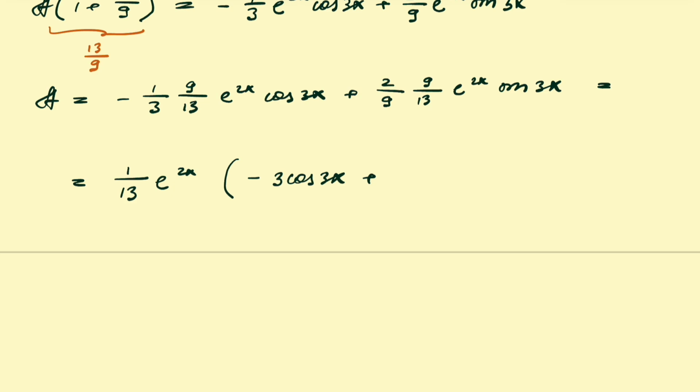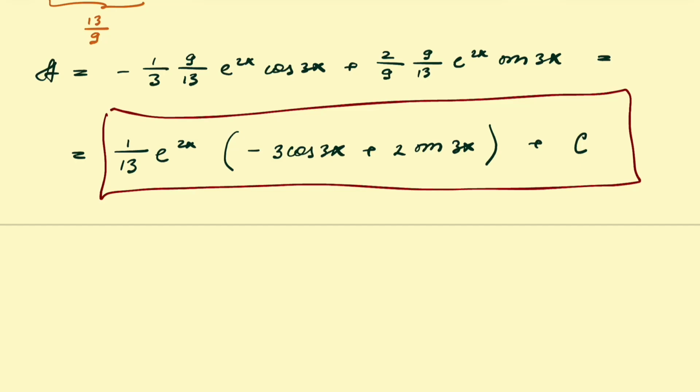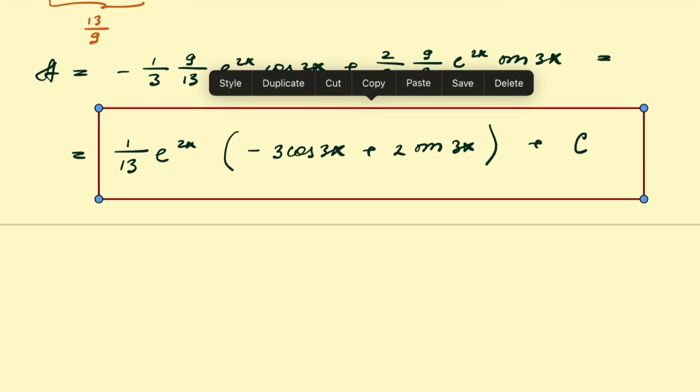And plus what's left here, 2 times sine of 3x, and adding some plus some constant C here. Yeah, and that's our final answer. Let me write this. Okay.